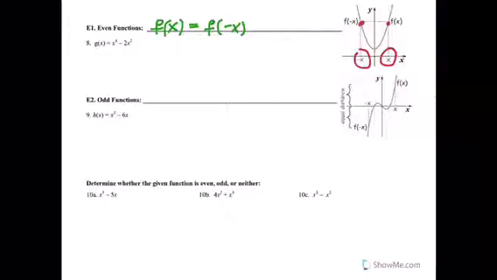So remember when we talked about plugging in negative x, this is where it's important to plug in negative x correctly, because this is our test for an even function. So the first thing I'm going to do is plug in negative x, and then I'm going to simplify this expression.